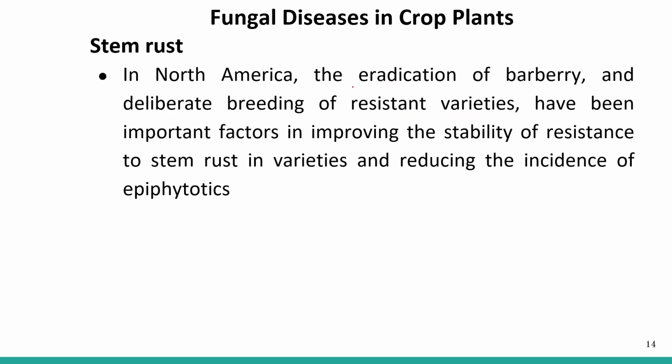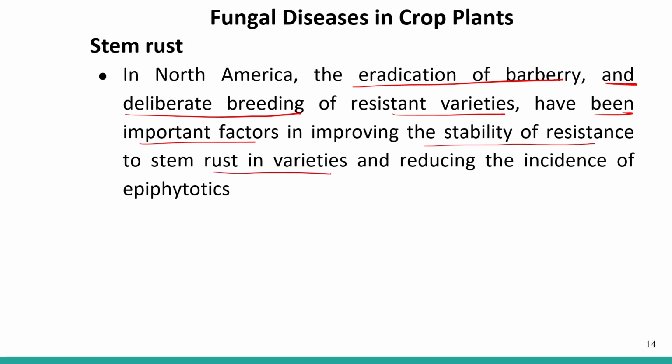In North America, the eradication of barberry and deliberate breeding of resistant varieties have been important factors in improving the stability of resistance to stem rust in varieties and reducing the incidence of epiphytotics. So this is one of the ways to control this particular fungus.